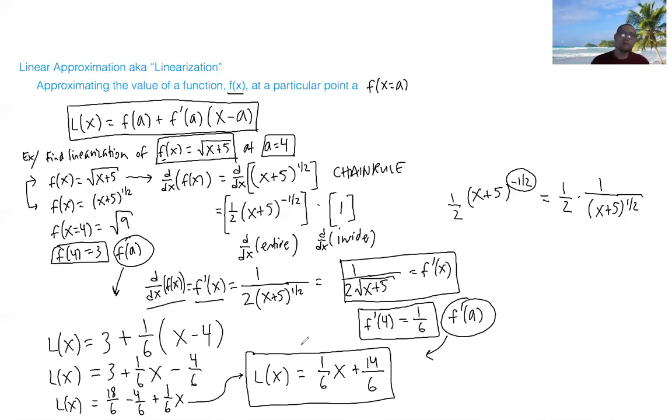Okay, so this one was fairly simple. Given your function, all we're doing really is just plugging into our formula here. And so let me give you one, and then you can spend a couple minutes on it, and then we'll work through it together to see if our answers match.